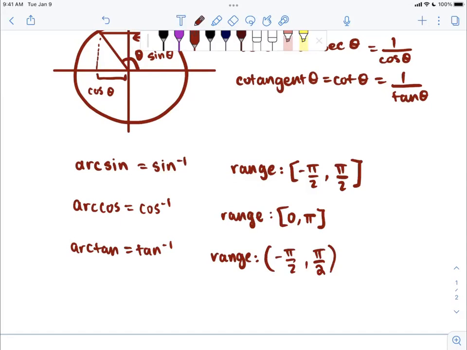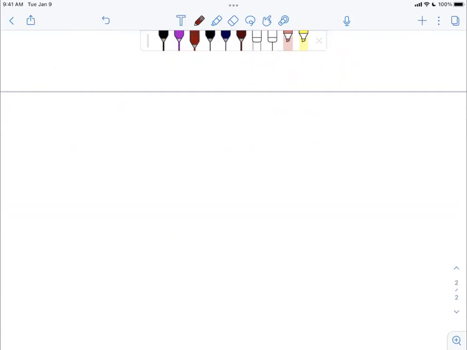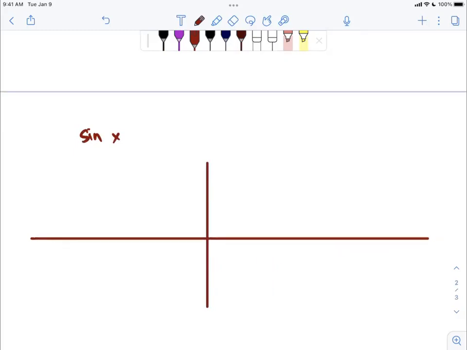The other thing to know here is what these graphs look like. So let me just draw out the graphs for sine and cosine and maybe tangent. For sine and cosine, the maximum value is always going to be 1, and the minimum value is going to be -1. The important points on the x-axis are the multiples of pi over 2. So let's say that's pi over 2, that's pi, that's 3 pi over 2.